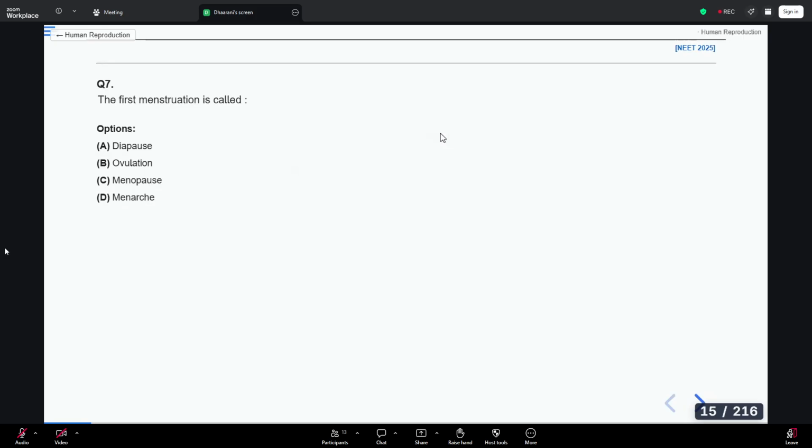Maybe you can get some question related to these definitions somewhere else. Define ovulation. Ovulation is a period when mature eggs are produced. Okay, good. So you know the definitions of the other options, right?